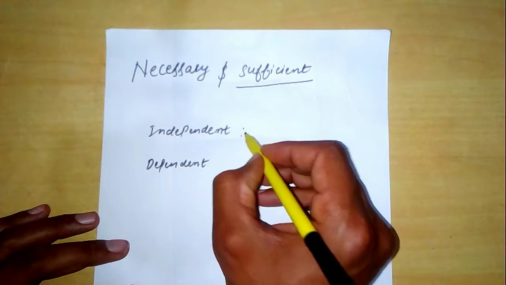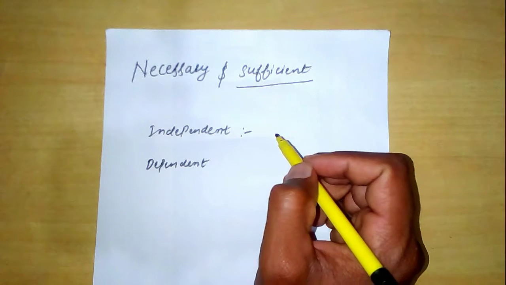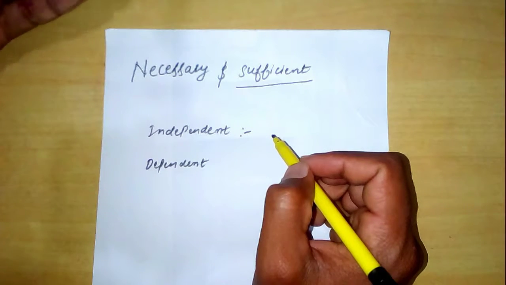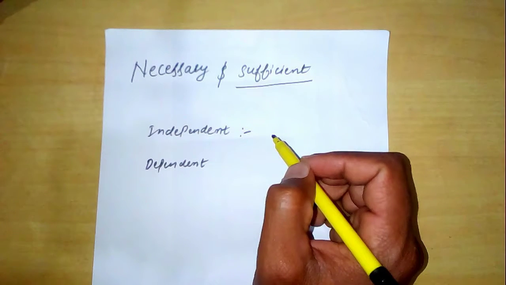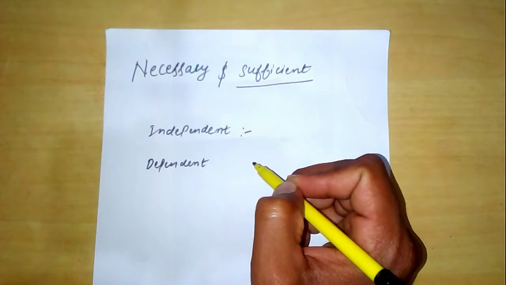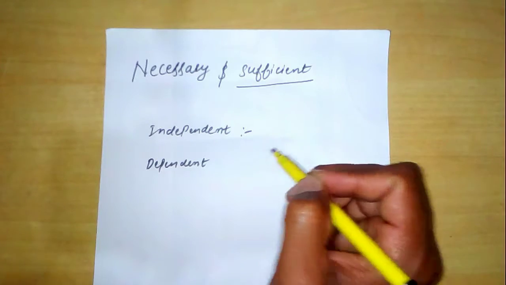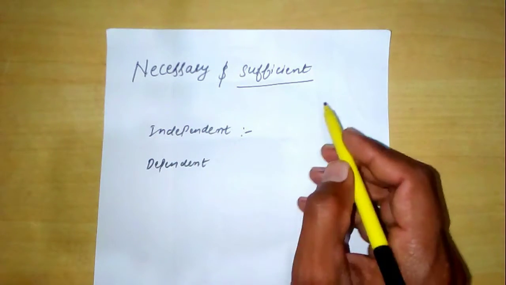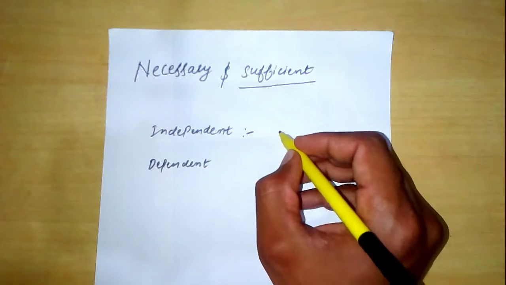So what is independent? Independent condition means that it does not require any other condition, but the dependent condition requires an additional one or more conditions.